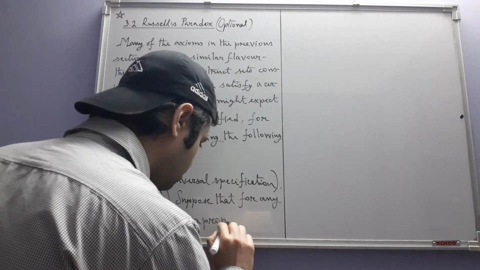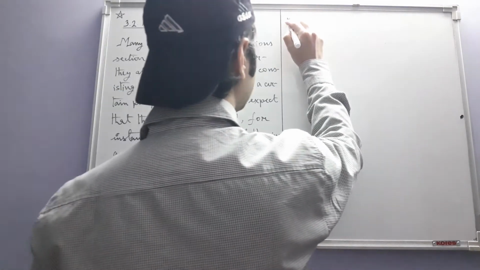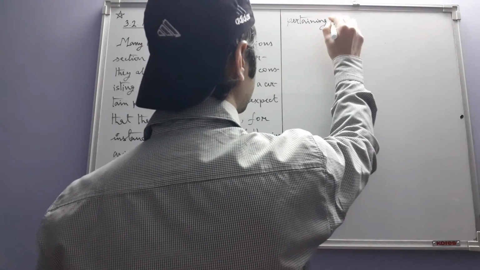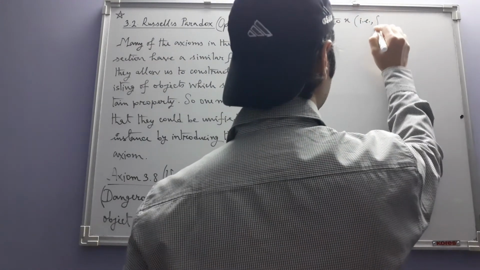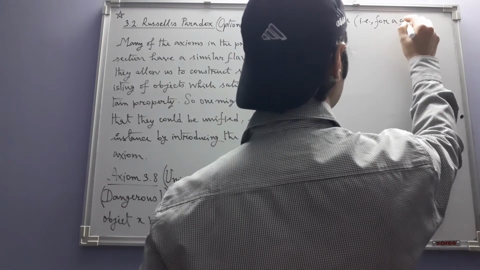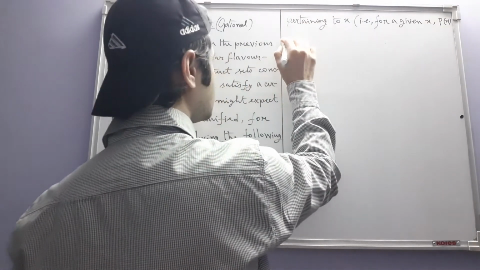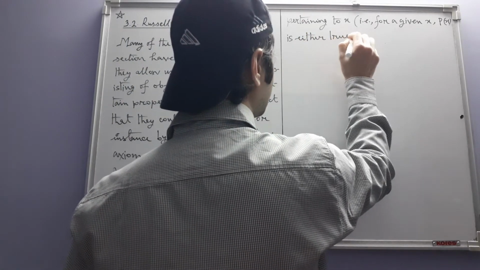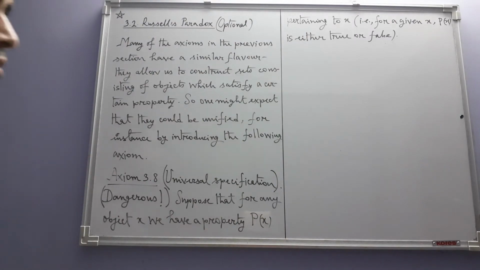We have a property P(x) pertaining to x, that is, for a given x, P(x) is either true or false. So this is the condition.